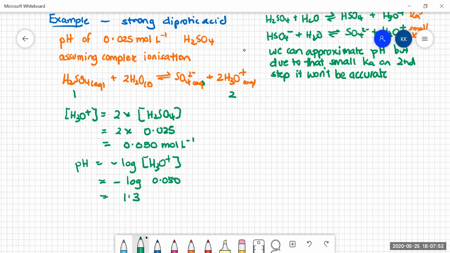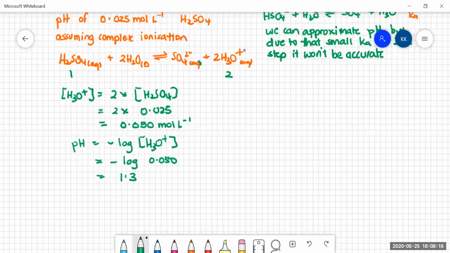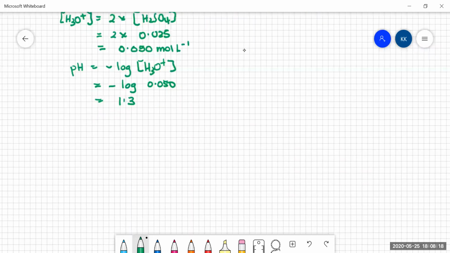But remember, that's just an approximation. So the pH of 0.025 moles per litre sulfuric acid is approximately 1.3. I will show you in future videos how you go on and do that absolutely properly so you can get an accurate answer. But for the purposes of this, we'll just assume that complete ionization.